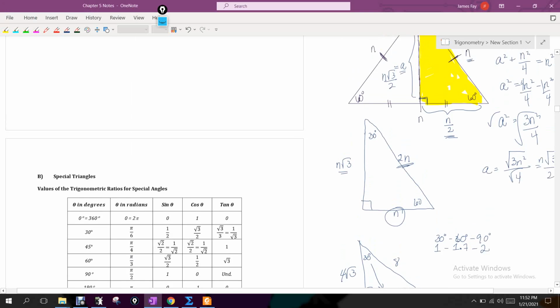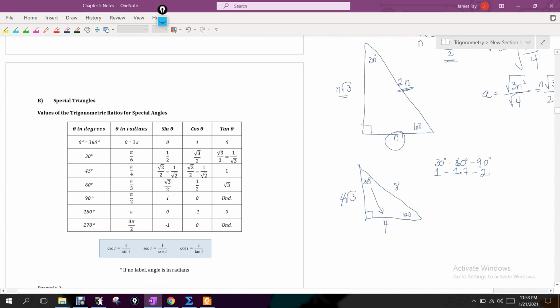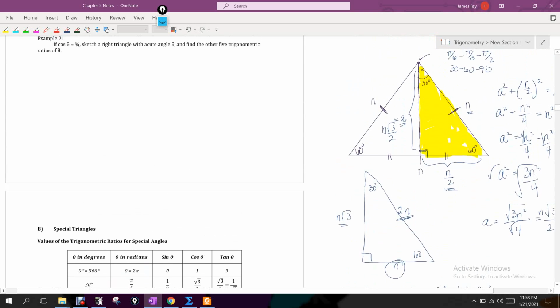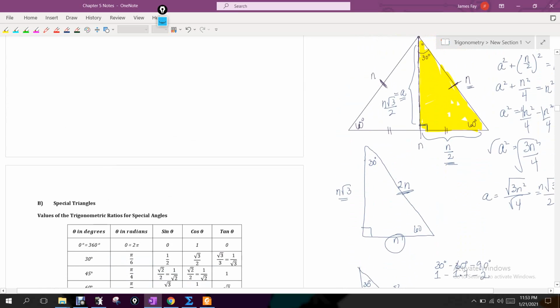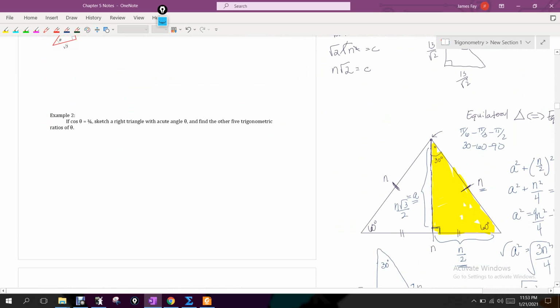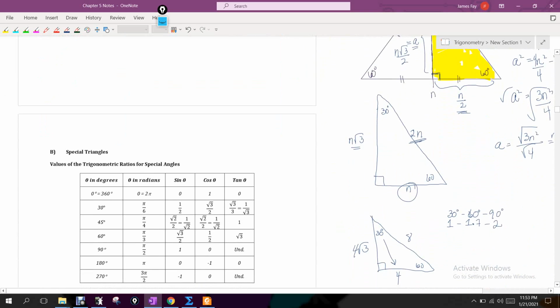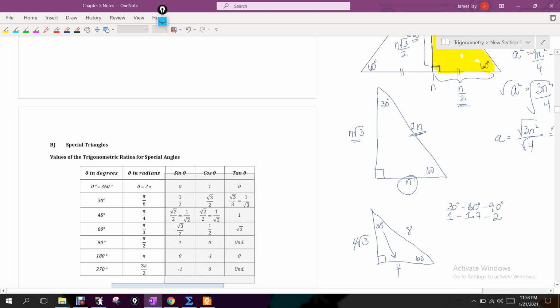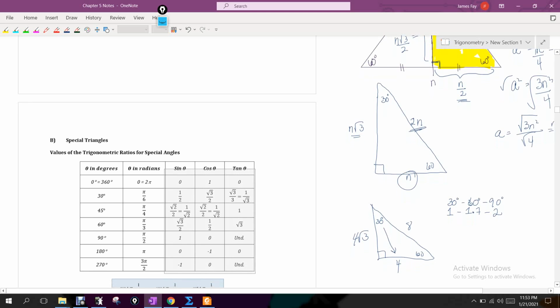Again, I'm going to talk about this in the next video, but this table is here. But if you memorize that table, I think you're wasting your time. Because if you can remember SOHCAHTOA and these special right triangles, hopefully these are things that you know like the back of your hand within the next couple of days, so that if you're in a pinch and you need this chart or you need to create this table, you simply grab that information from these 30, 60, 90 triangles, 45, 45, 90 triangles, and fill your chart in that way.